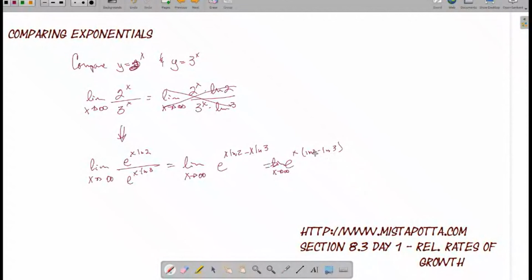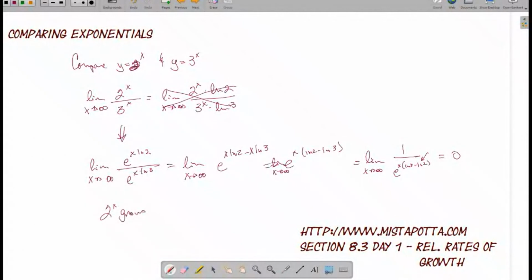Now, I'm looking at this ln2 minus ln3, and this really isn't a positive value. So this is really the limit as x approaches infinity of 1 over e to the x times (ln3 minus ln2). This is a positive value now. And so this limit is actually going to tend to 0.